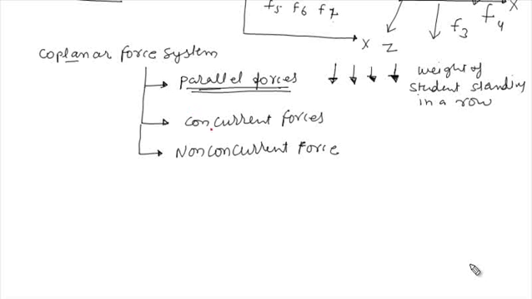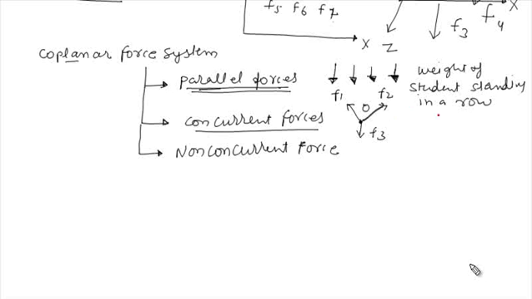Similarly, coplanar concurrent forces means the lines of action of all the forces are in the same plane and pass through a single point. Suppose these F1, F2, F3 are all in a plane and passing through a single point. So we can say that F1, F2, F3 are concurrent forces.